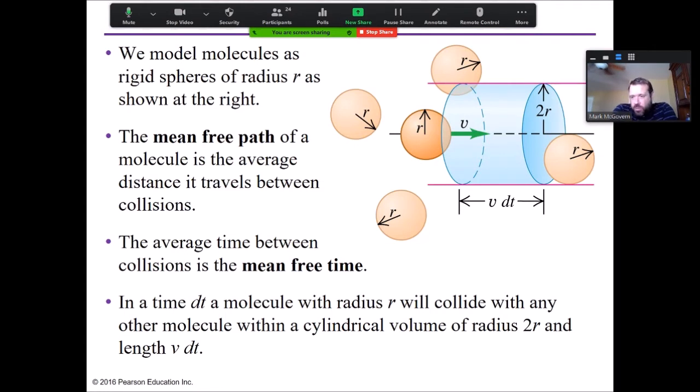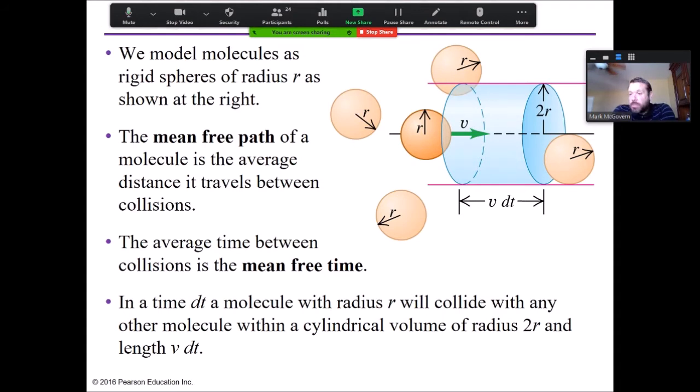We'll say all these molecules are spheres of radius r. So if two molecules are going to collide, that means their centers are going to be exactly a distance r apart, which means the entire extent of the two molecules would extend over a 2r distance, okay?